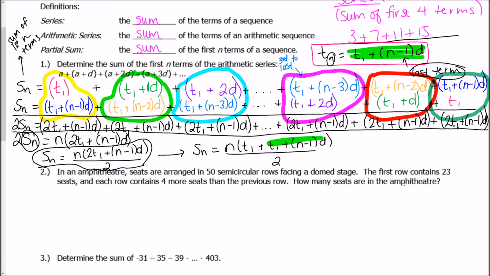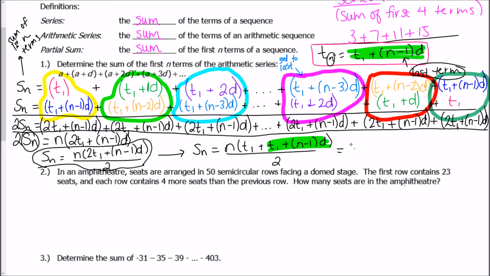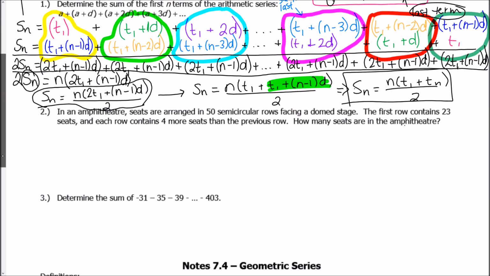So instead of this, all I need to do is use t sub n. So I can say s sub n equals n times t sub 1 plus t sub n all over 2. So these are two different formulas that I can use to find the sum of the first n terms of an arithmetic sequence.